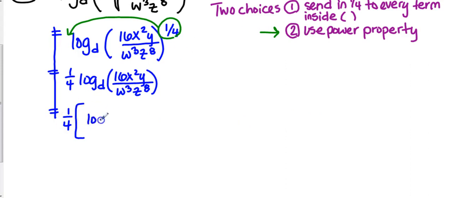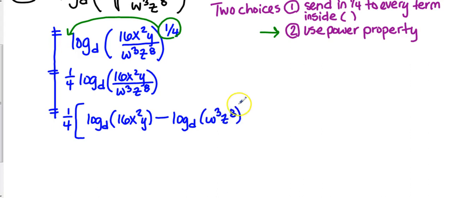So log base d of the numerator, which is 16 x squared y, minus log base d of the denominator. Close my bracket. Brackets are a great way of distinguishing a big set of parentheses. Instead of having to do big parentheses, as soon as I draw a bracket, they stand out.